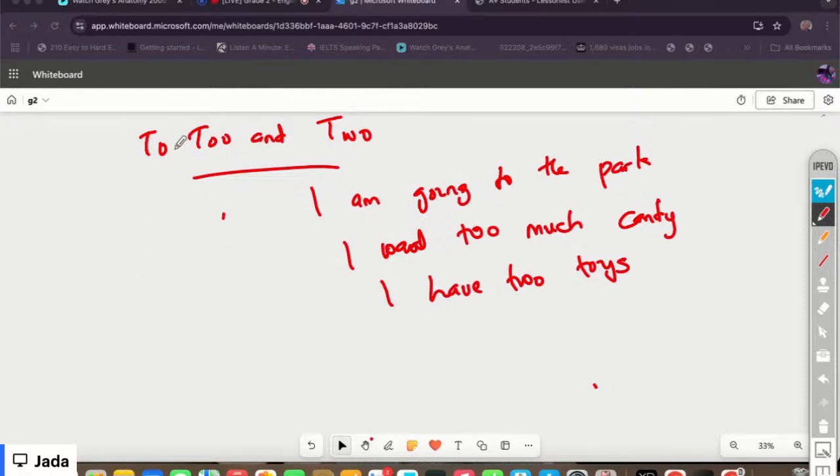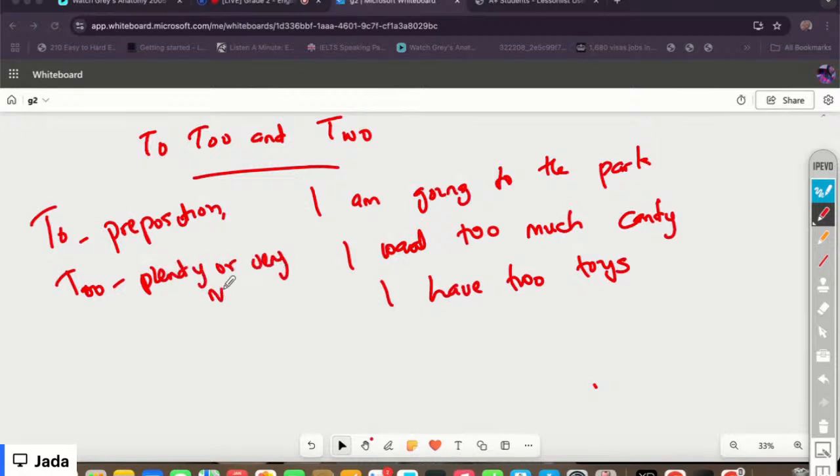So you need to note that they are all different, even though they sound the same. For example, this one, to, is a preposition. And then this one, too, is like when you want plenty of something or very much. Then we have the other one, two, as in the number two.